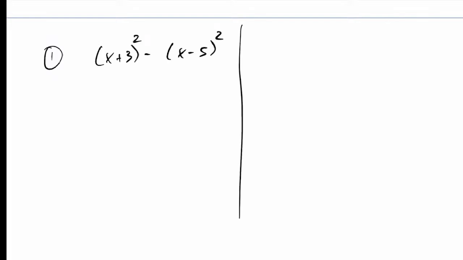Can try this one. Then we can try something like this.